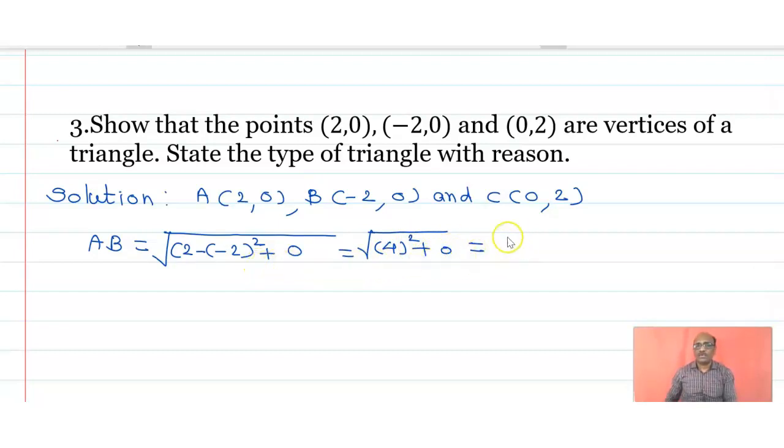Okay, 4 square is 16, and again it's a square root. If we take its square root, how much will we get? 4. Therefore here AB is equal to 4. This is the first one.